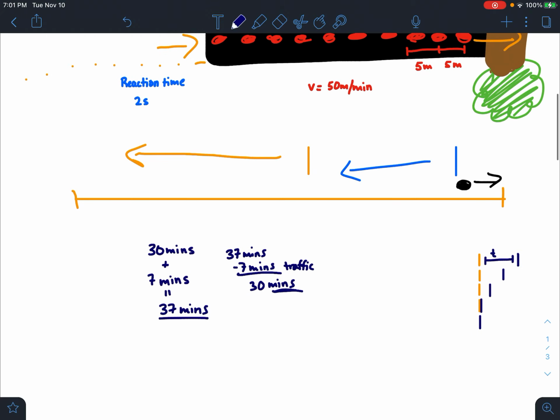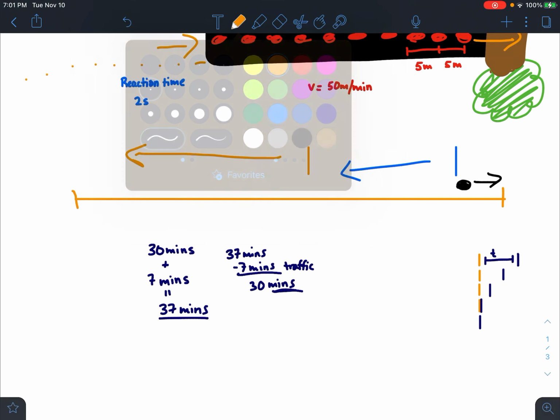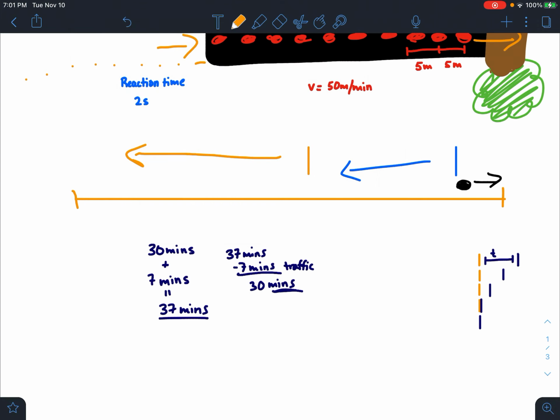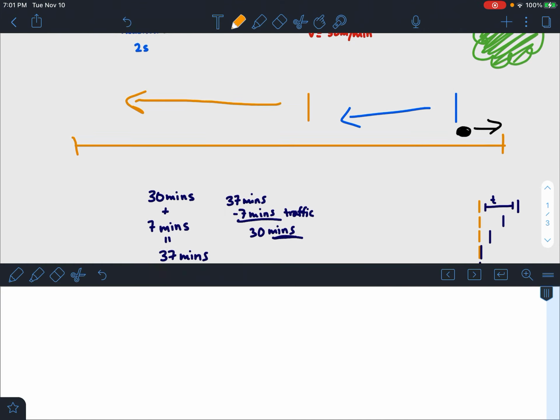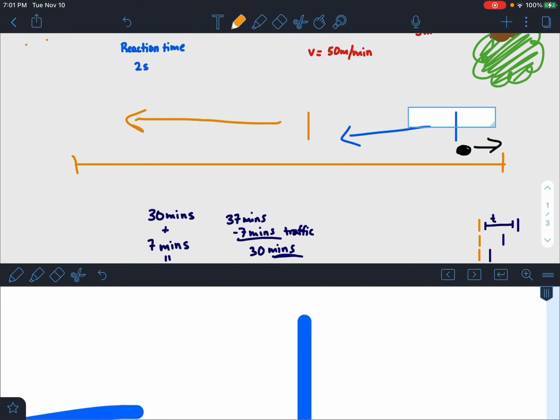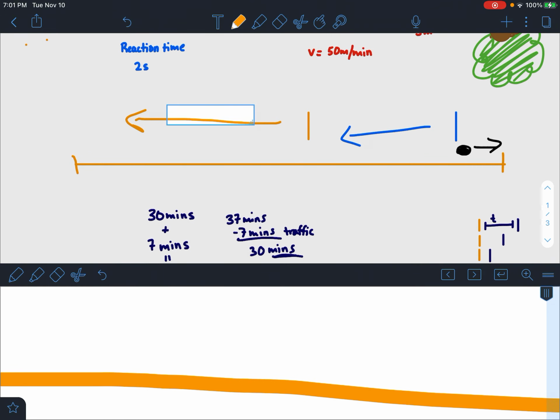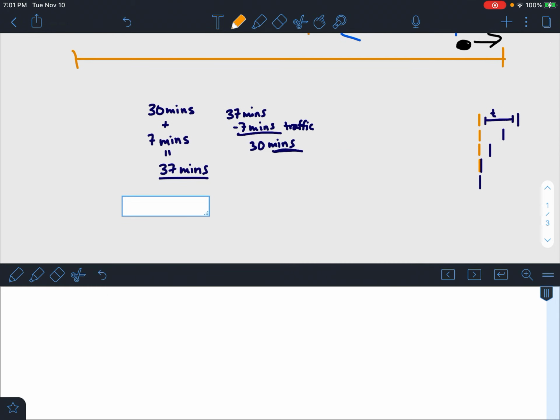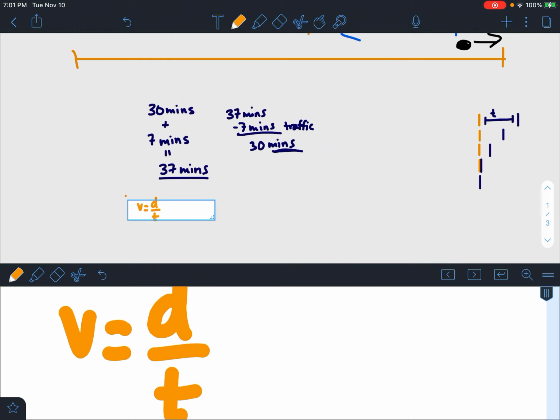All right, so if we're going to do that, the front of that thing is moving backwards, right? So if you were to do this, we're going to use our basic v equals d over t.